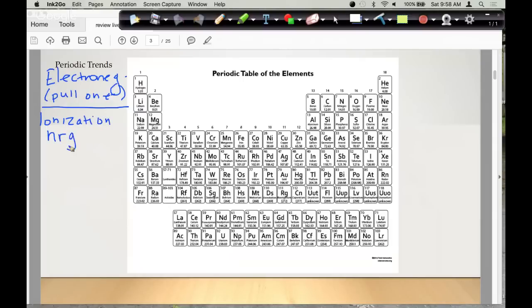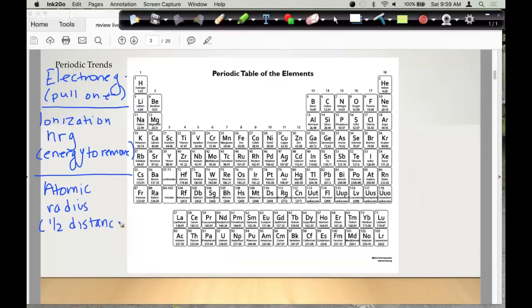Ionization energy, which is the amount of energy required to remove the most loosely bound valence electron. And we have atomic radius, which is half the distance between adjacent nuclei.